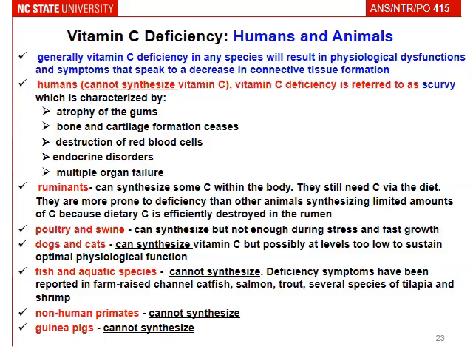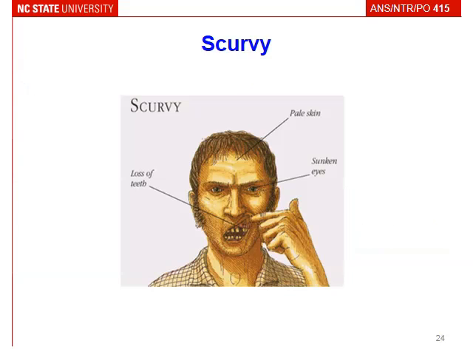Dogs and cats can synthesize it. And as I mentioned, fish, non-human primates, and guinea pigs cannot. So you'll see more of the symptoms similar to scurvy in all the animals that cannot synthesize vitamin C. So here's a sketch of an individual with scurvy.